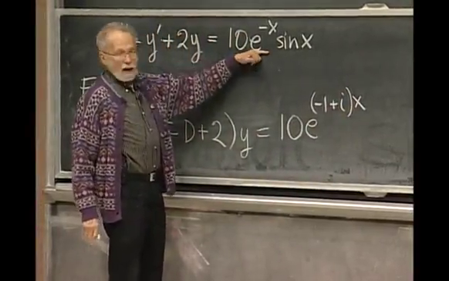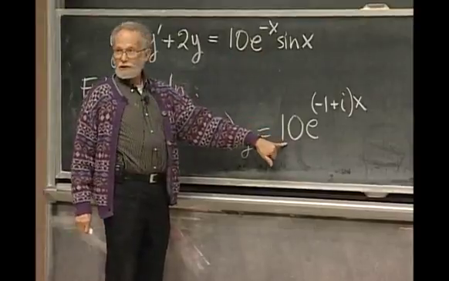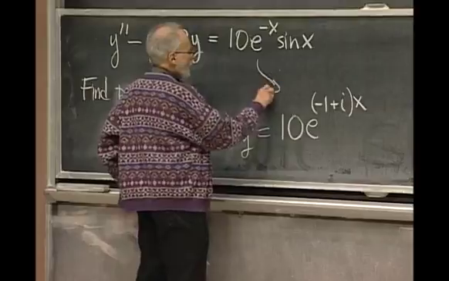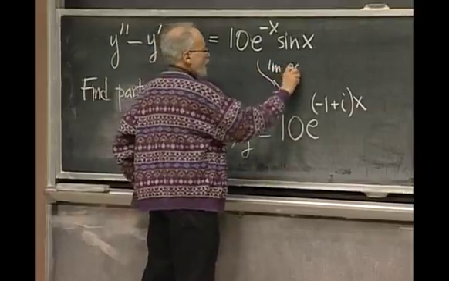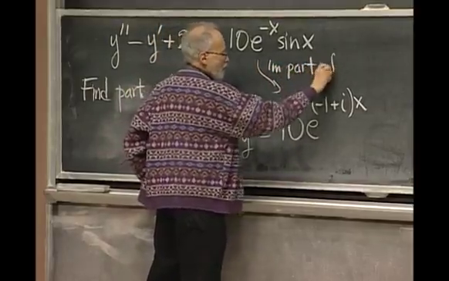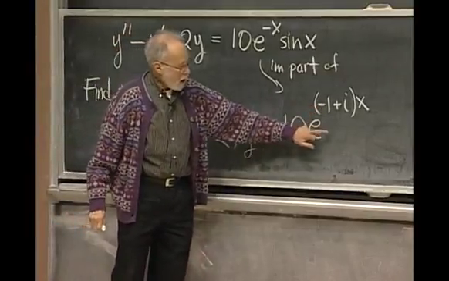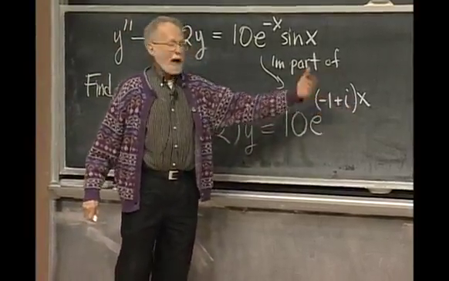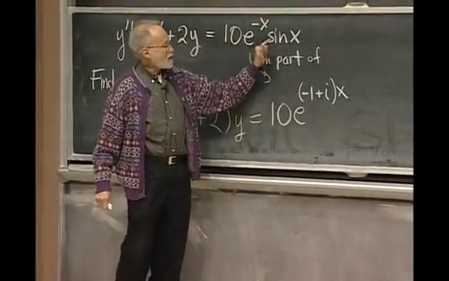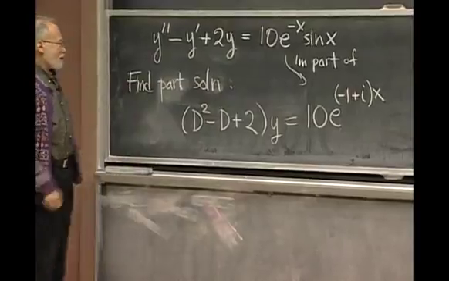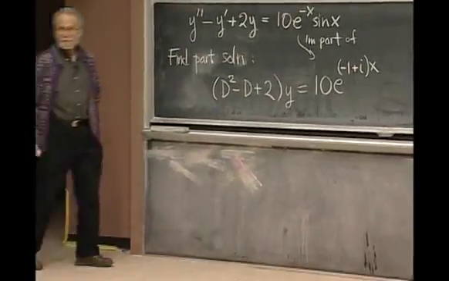This is the imaginary part of that guy, e to the negative x times e to the ix, and the imaginary part of e to the ix is sine x. The 10, of course, just comes along for the ride.